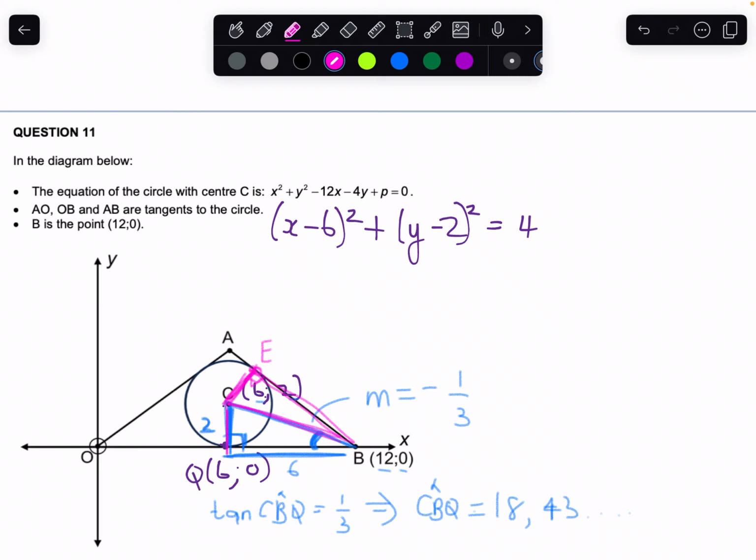So that tells us that this angle is also 18 degrees. What does it tell us? It tells us that DBA, or QBA in my case, is 2 times the 18.